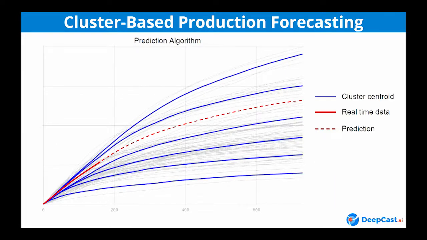So this is the basic prediction algorithm that we apply on top to showcase the clustering method. All these blue curves represent the clusters that we generate, the family of curves that we identify. Then we apply a prediction algorithm that grabs the ratio between a certain set of curves where our current real-time data is flowing in.